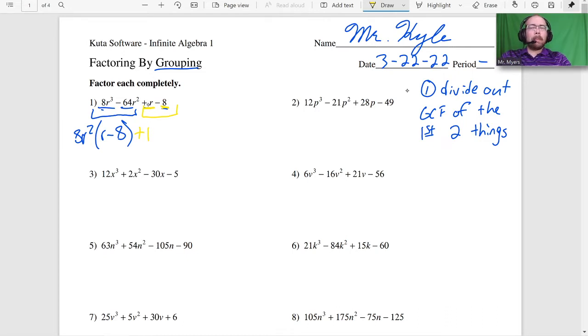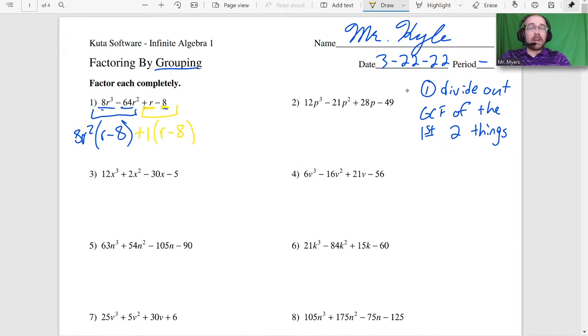If this were a minus r, let's say minus r plus 8, then I would take out a negative 1. So I take the sign of that number out, right? But there's not really a GCF other than 1, which is kind of not a GCF. Anyways, so plus 1, and then r minus 8.